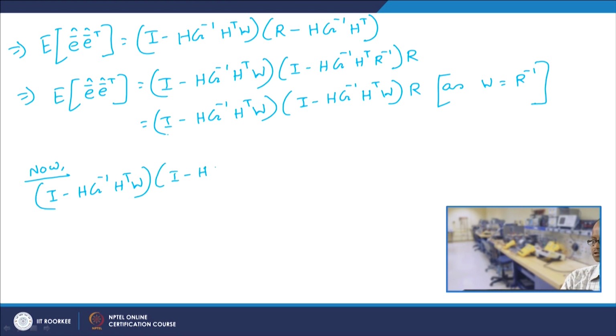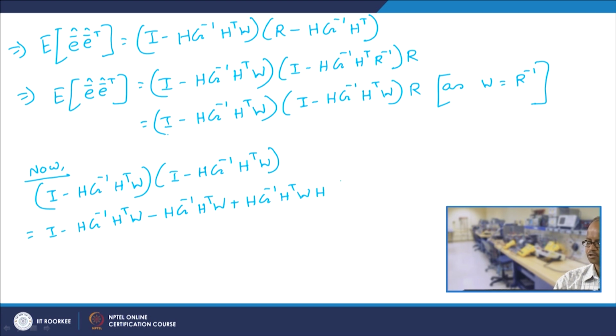That is equal to I minus H G inverse H transpose W, this into this, minus this into this H G inverse H transpose W, plus H G inverse H transpose W, that is this into this in the same order. So, we have just put this and this in the same order.